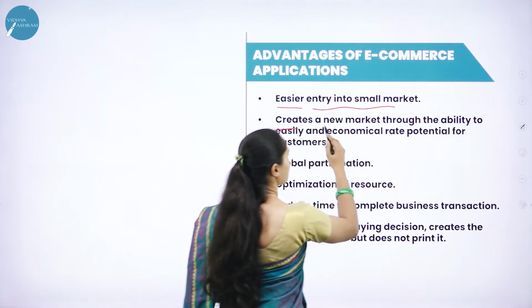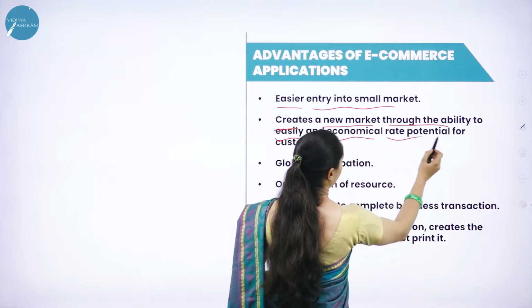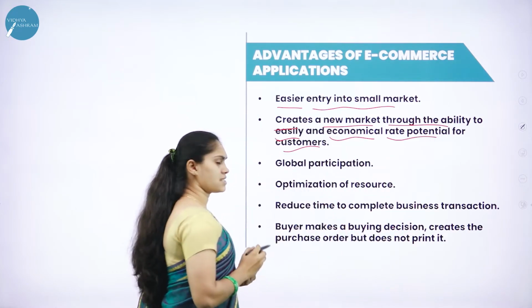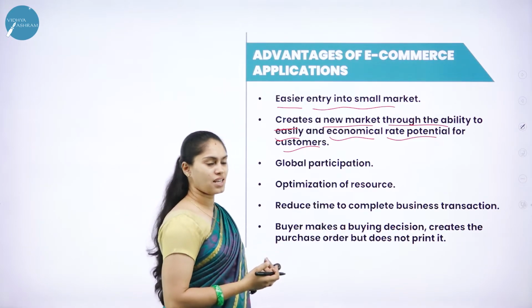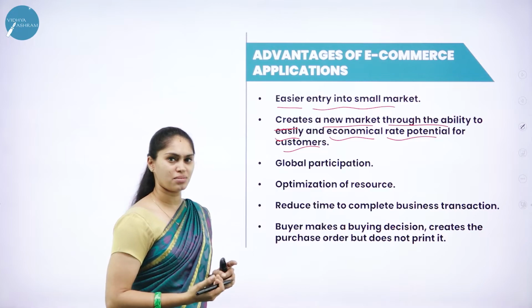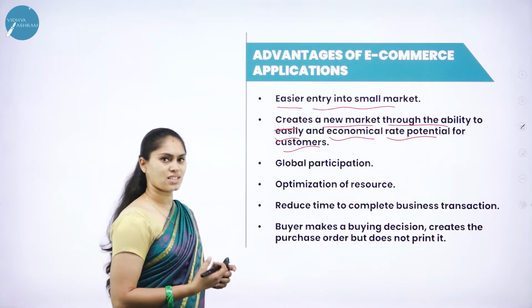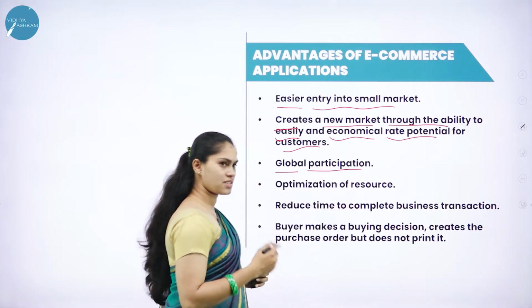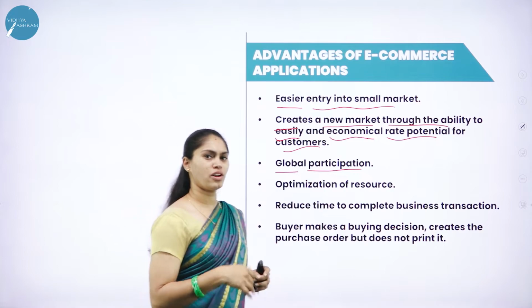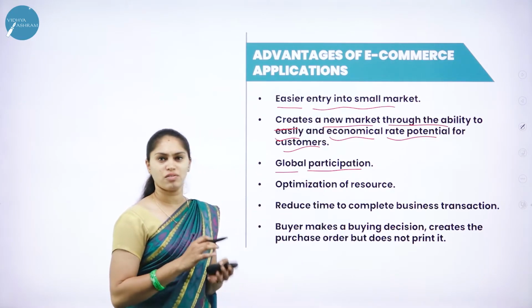So it will create a new market through the ability to easily and economically reach potential customers. So it will improve the potential of the business. Then it will be easy for the customer to access the data and information, or to access the goods and services. And global participation: as I told, if you have a provision store, that will be limited to a certain area.